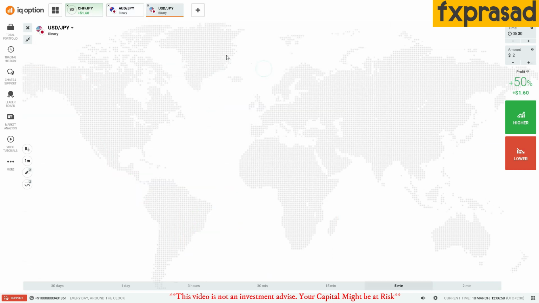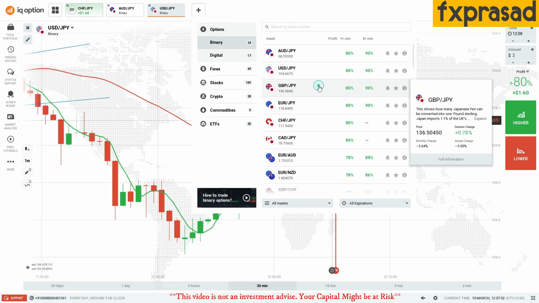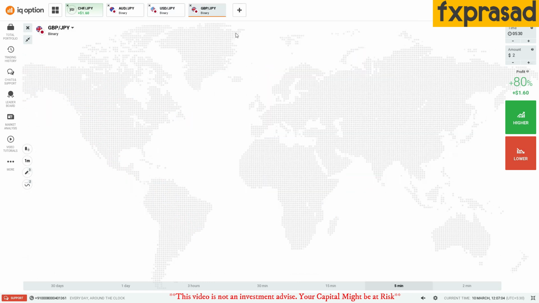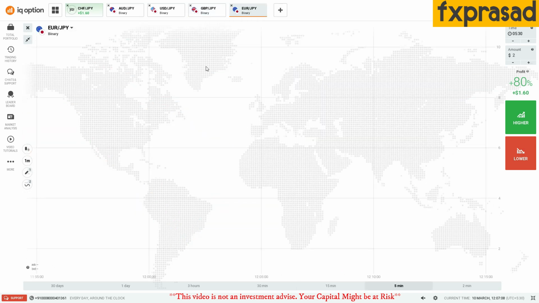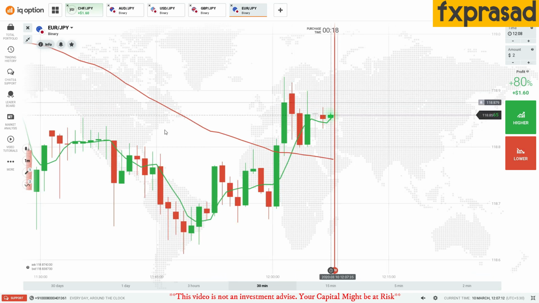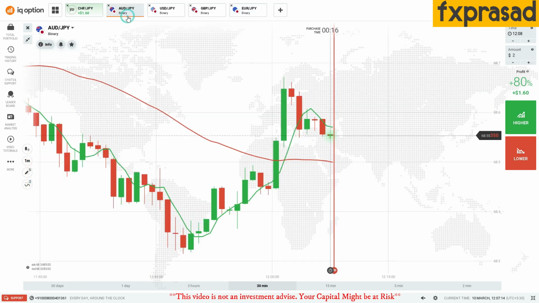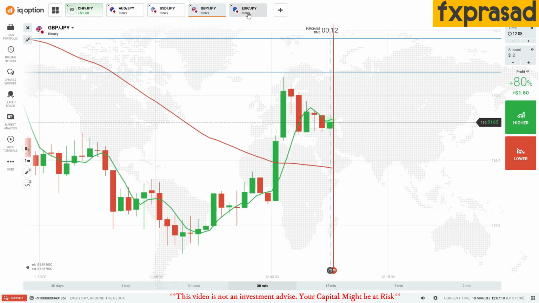Okay, some more pairs. Take GBP JPY, Euro JPY. The period is 1 minute only. Everything is at the same level.